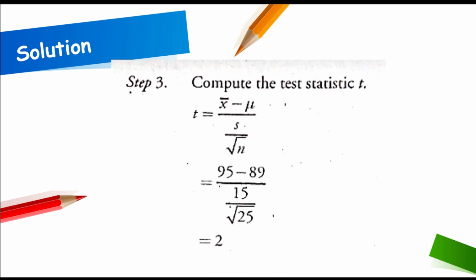Now, for step 3, compute the test statistic t. So, using now our t formula, that is now equal to the sample mean minus mu over s over the square root of n. Replacing the sample mean, we have 95 minus the population mean, 89, over s, 15 over the square root of 25, and the result is 2.